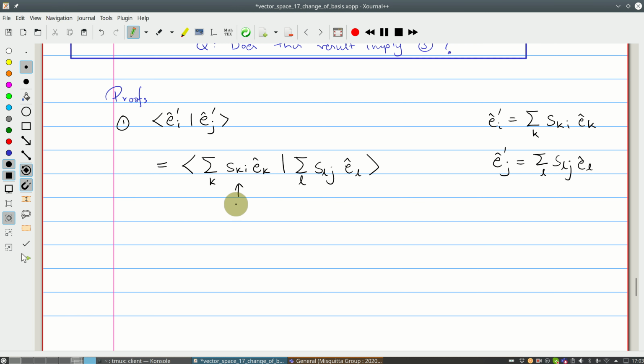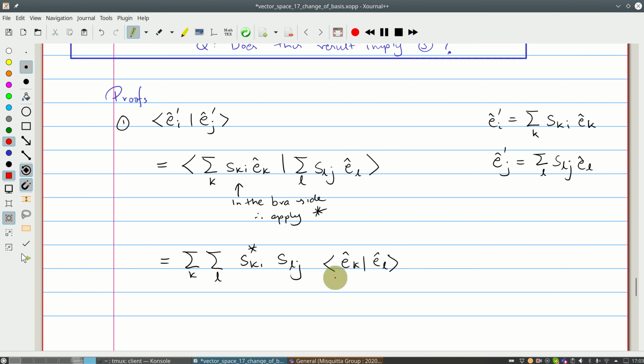So this is in the bra side. Therefore, applying this gives us the sum over k, the sum over l, of S_ki star, this is in the ket side so no complex conjugation, S_lj, and then the inner product of the two vectors, e_k hat with e_l hat. But hey, this is an orthonormal set, so this is equal to delta_kl.